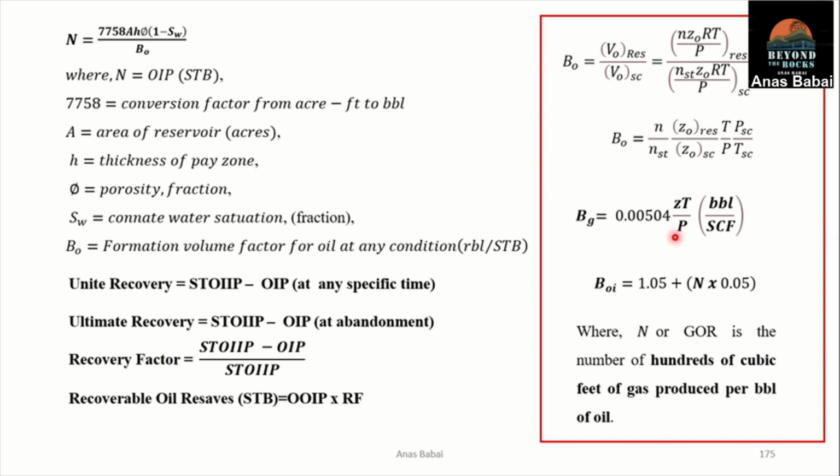So if we are asked to calculate the formation volume factor at the initial condition, we will simply substitute the pressure at the initial condition, Z at the initial condition, and the temperature of the reservoir, and this is how we get the BGI, initial.